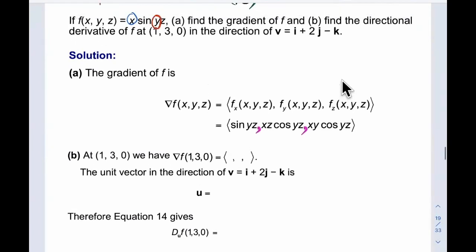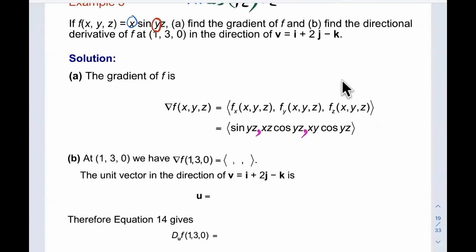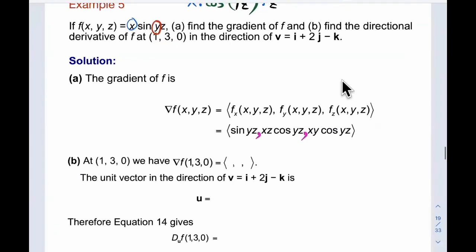Now the second part, part B, we try to find the directional derivative of the function at this point. All we have to do is substitute x to be 1, y to be 3, and z to be 0 into this expression. Can everyone tell me what I get? Remember z equals 0, so this is sine of 0.